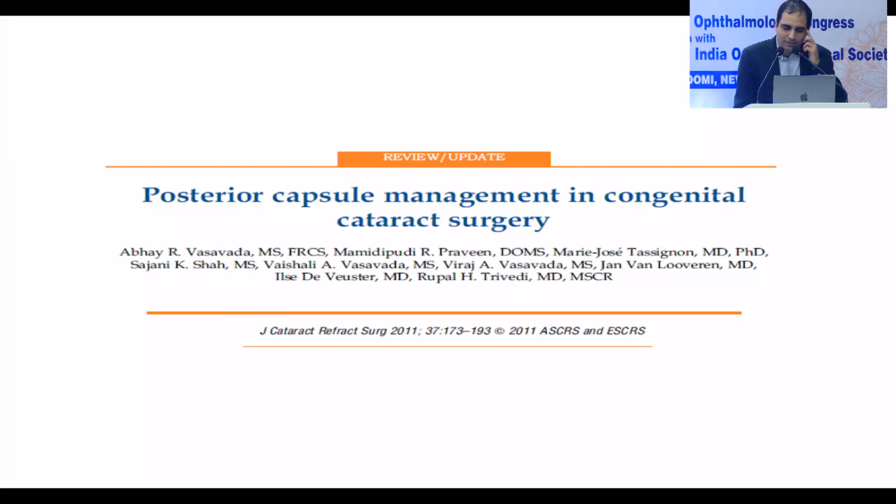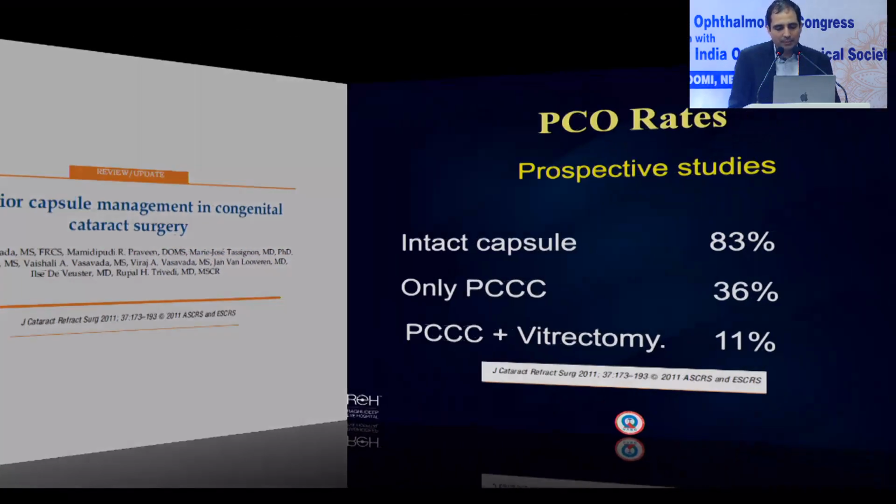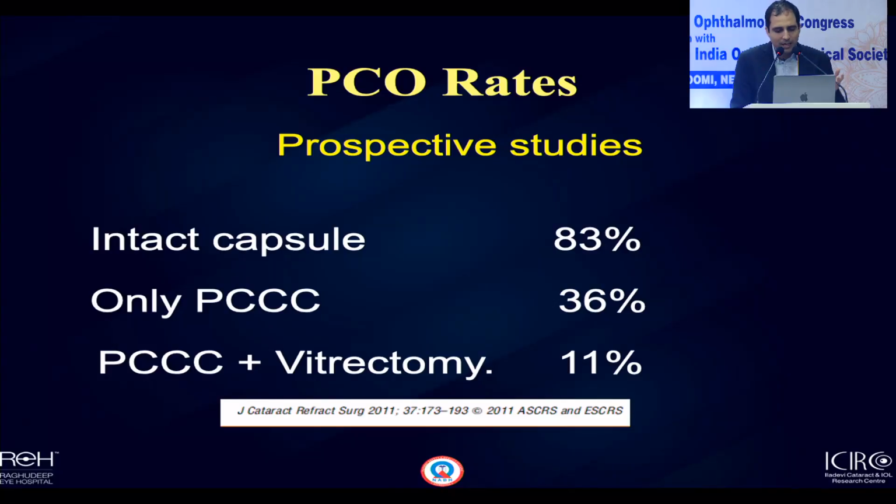We published a review on posterior capsule management way back in 2011. In the article, what we found was that if you have an intact capsule, you'll probably have, like Dr. Jethani said, more than 80 to 90% chance of PCO, which is visual axis obscuration in children.